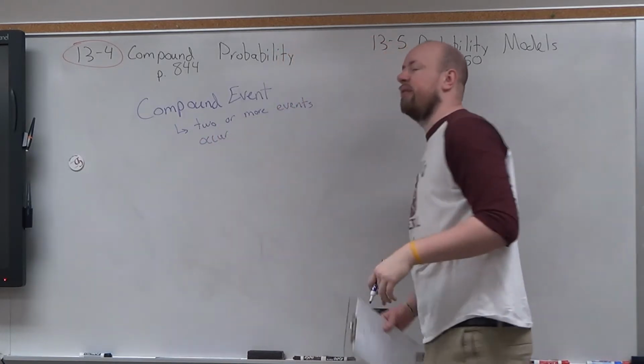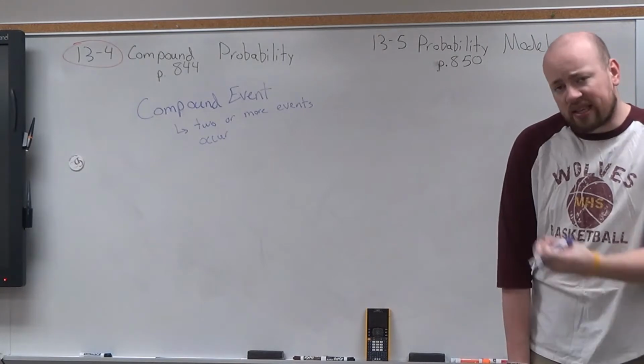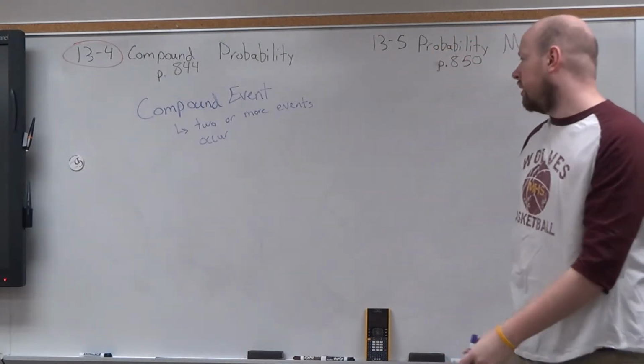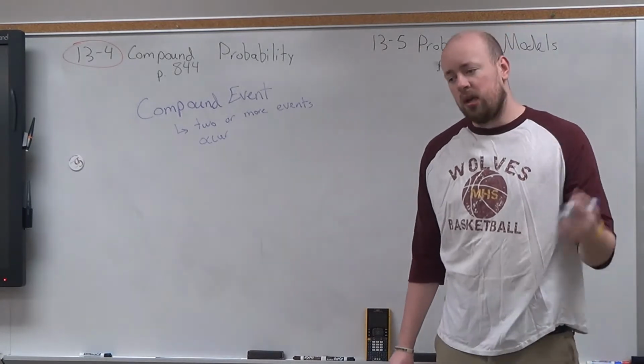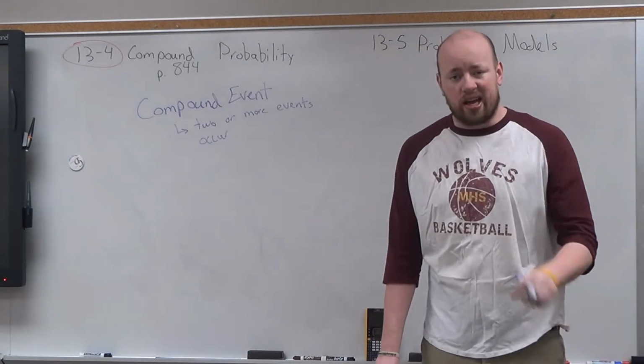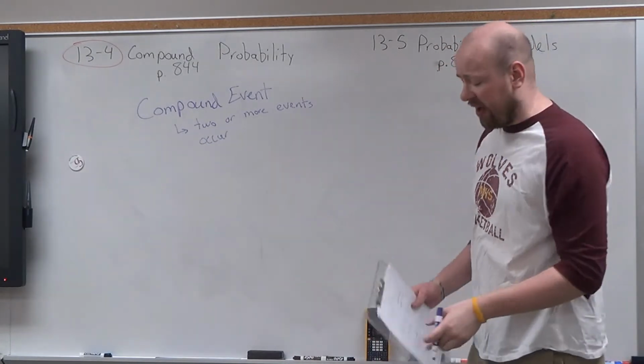Now remember, when we talk about events, that's just something that happens. Like if I roll a 6-sided number cube, that's an event. Now, for a compound event, I just need multiple things to happen. So let's say I roll a dice and then I flip a coin. That'd be 2 things, that'd be a compound event.